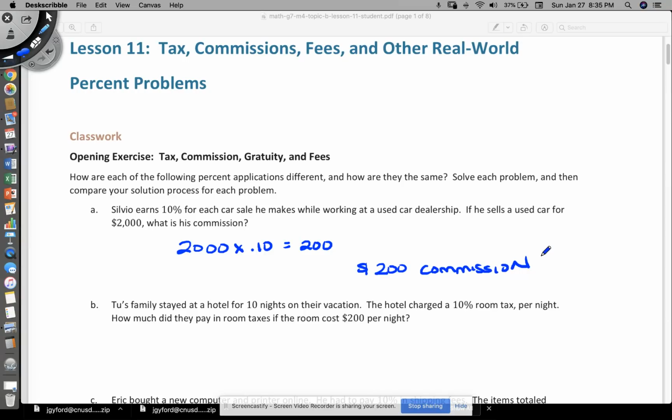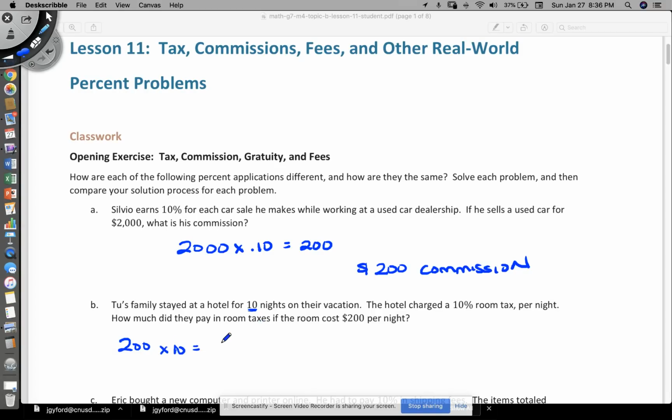All right, let's look at B. Tu's family stayed at a hotel for 10 nights on their vacation. The hotel charged a 10% room tax each night. How much did they pay in room taxes if their room cost was $200 a night? So we're going to take $200 a night, and I first want to find out how much that was in total for 10 nights.